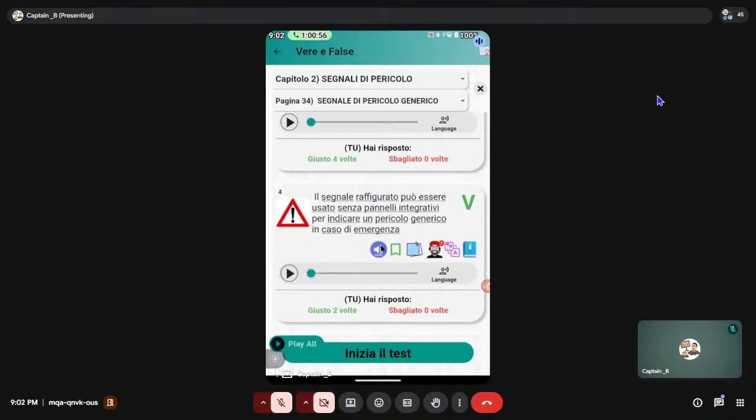Il segnale raffigurato può essere usato senza pannelli integrativi per indicare un pericolo generico in caso di emergenza?